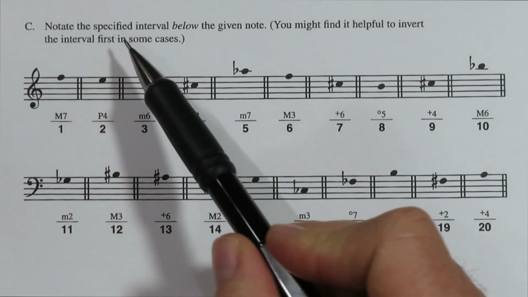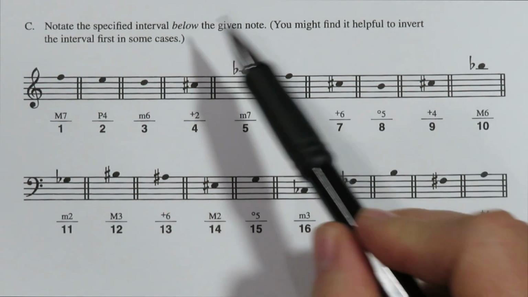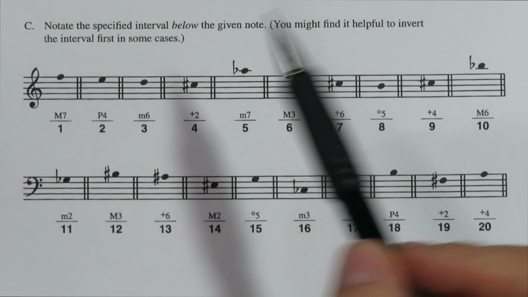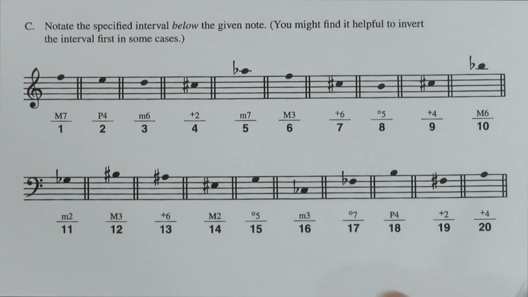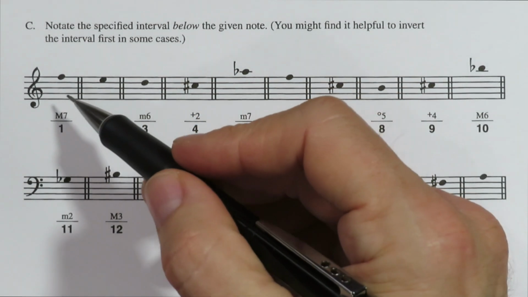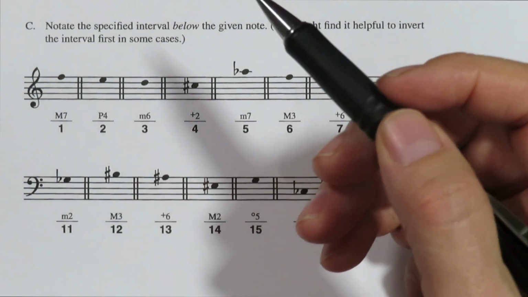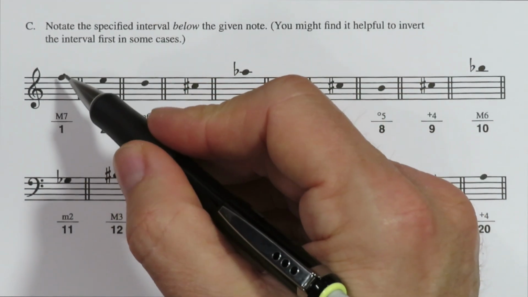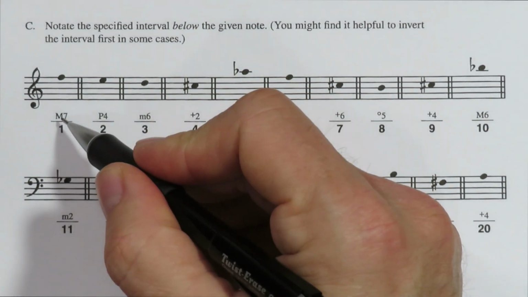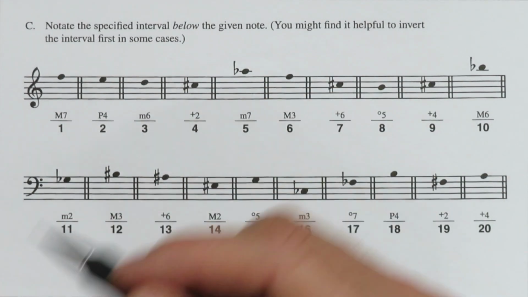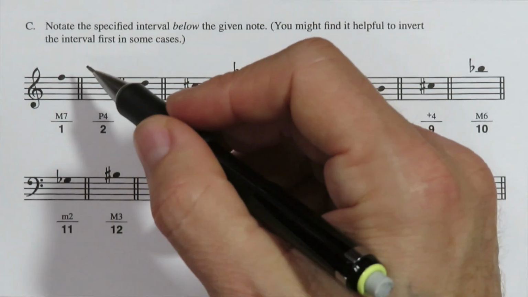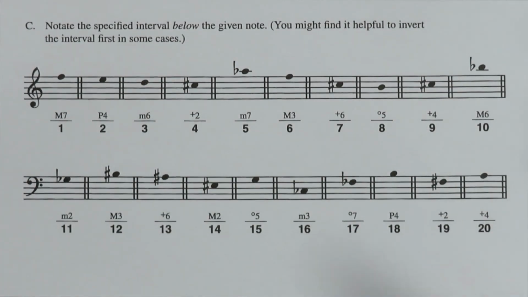Okay, so here we are in part C. Now we need to notate the specified interval below the given note. You might find it helpful to invert the interval first in some cases. Okay, so let's start with number 1, and we're in the treble clef, and we have an F. So we want a major seventh below the F. So major seventh would invert to a minor second.